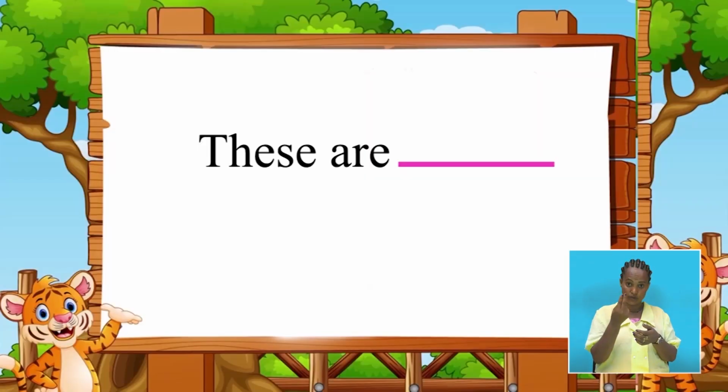The objects on the shelf are close to me. Then we use the word these when the objects are close to us or close to you. Look at the example. What are these?